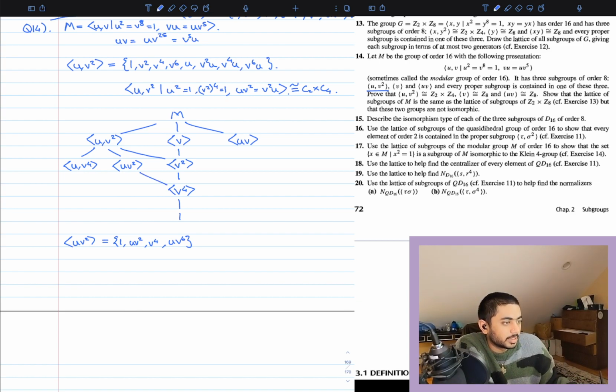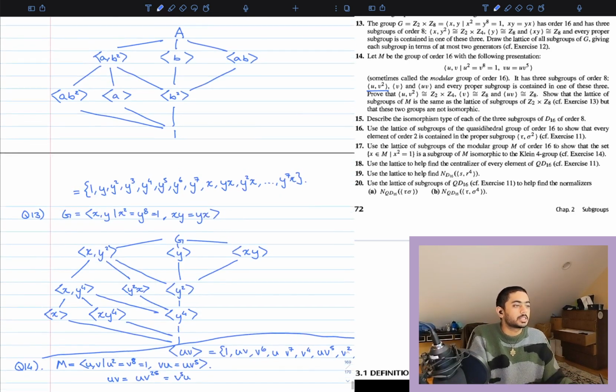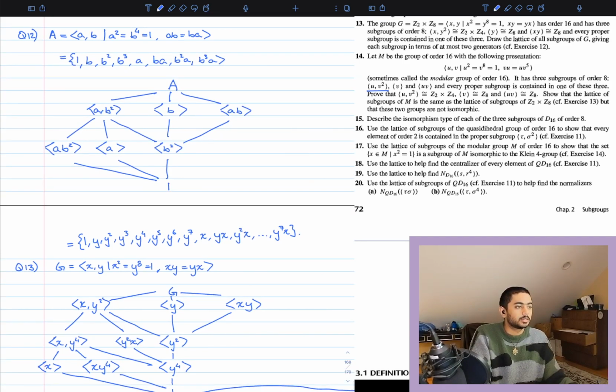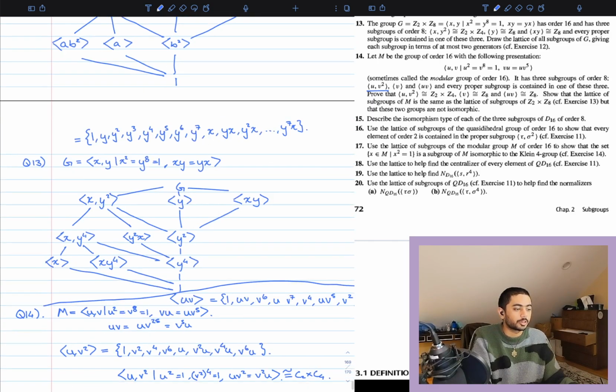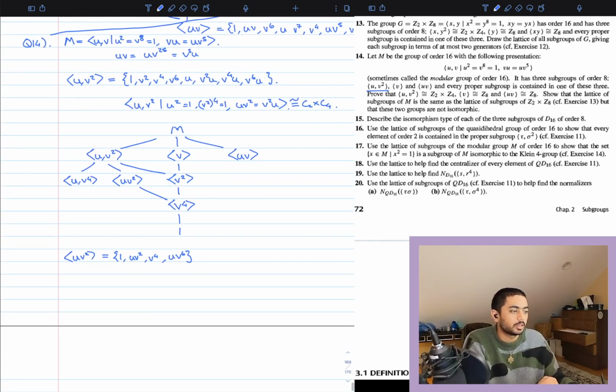This lives inside this. And now inside the uv piece, just here, there's 3 subgroups of its own, generated by the product, and then the 2 things separately, because this is isomorphic to the Klein 4 group. There we go. So we've got v4 over there, we've got uv4 over here, we've got u over here.